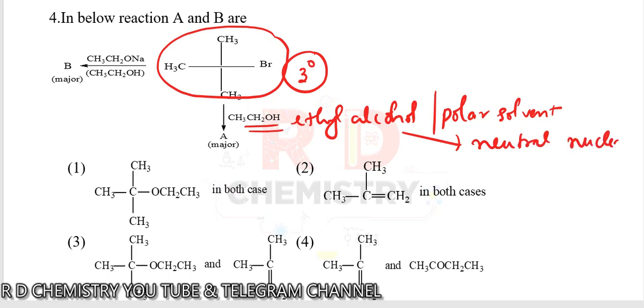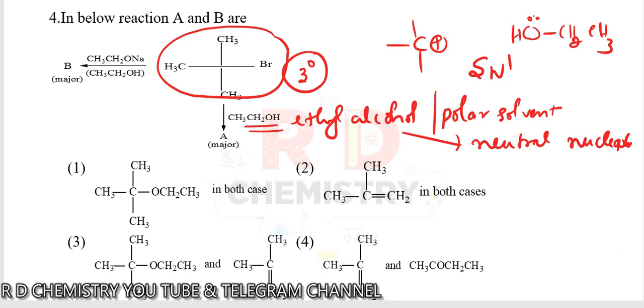So it favors the SN1 mechanism where the bromine atom ionizes to give a tertiary carbocation. Then the nucleophilic OH of ethyl alcohol attacks the carbocation to give the ether compound. That is there in option number 1 and option number 3.